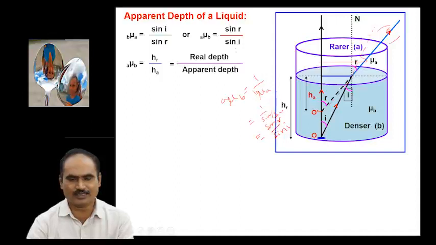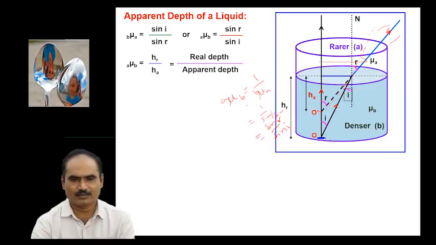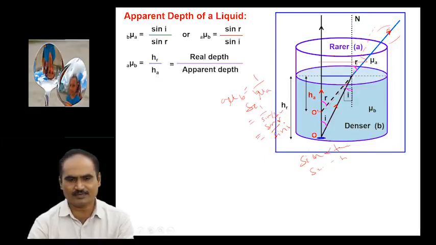Then sin R by sin I can be written by taking the opposite side over the hypotenuse. And for small angles, sin I is proportional to tan I, and sin R is proportional to tan R. By taking that proportionality, we can get real depth by apparent depth, where HR is the real depth and HA is the apparent depth, right?